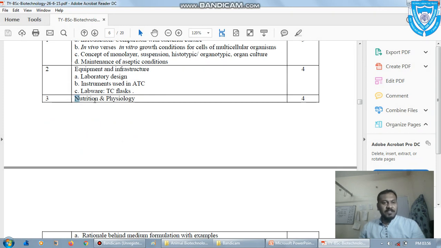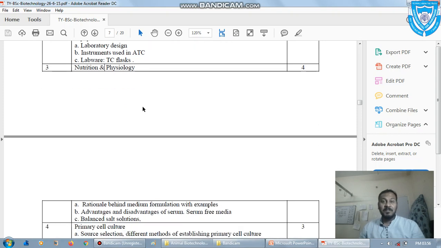The third module is nutrition and physiology. Nutrition and physiology is again very important, because of what kind of conditions we are giving to animal cells to grow them in the laboratory. You all know that every organism possesses a particular connective tissue, and in humans, we have blood. Blood carries nutrition, and that nutrition should reach each and every cell of our body, and that is the actual function of our blood.